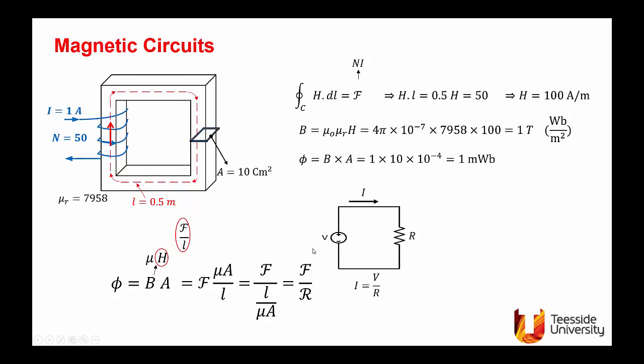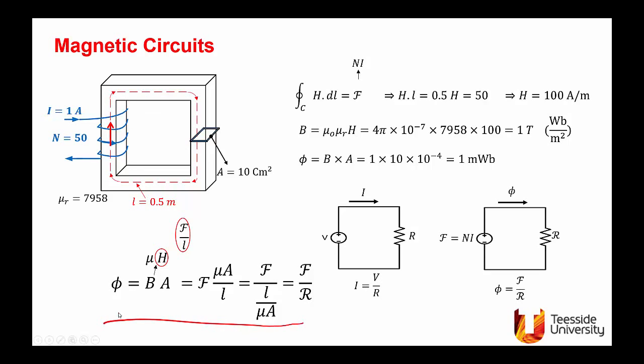In electric circuits, you have the voltage, or EMF, electromotive force, applied on a resistance R. The current I goes in a closed loop, and Ohm's law is I is V over R. In magnetic circuits, using this equation, we have a magnetomotive force, in this case Ni.